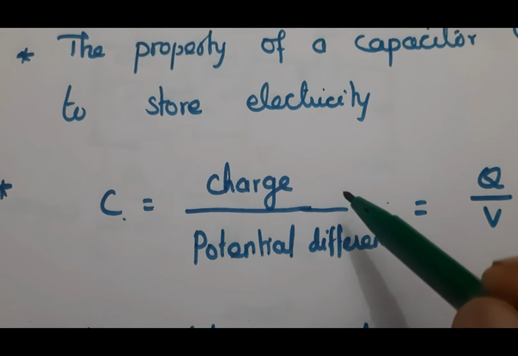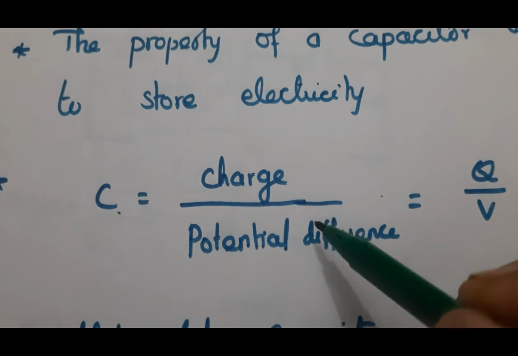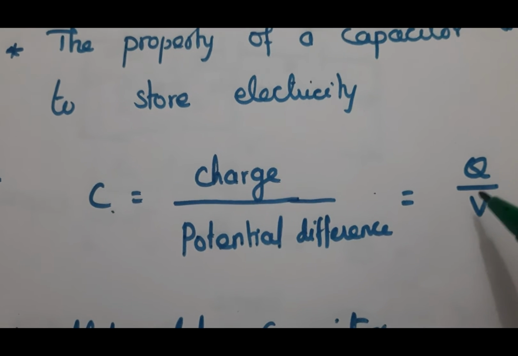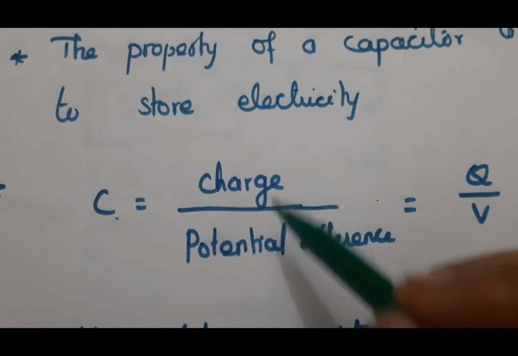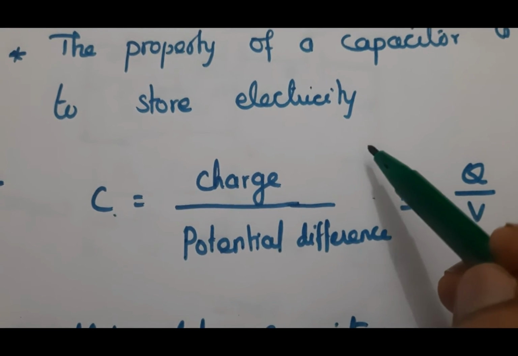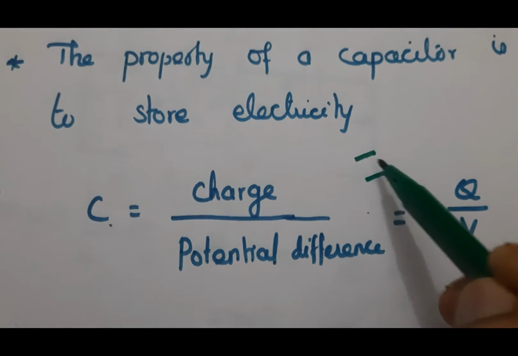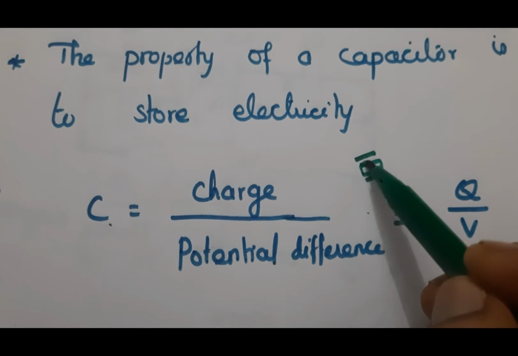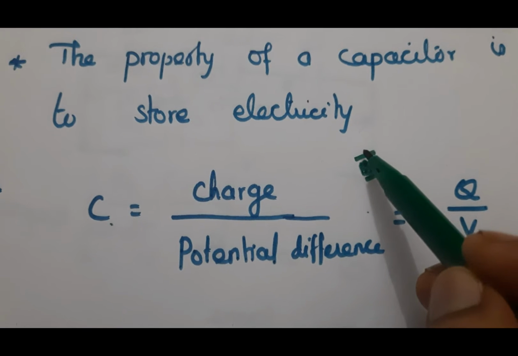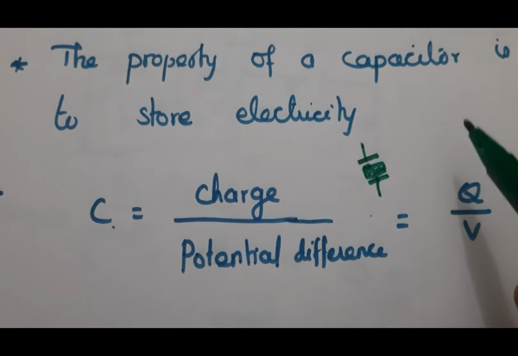The definition of capacitor is charge divided by potential difference, that is Q divided by V. Considering the parallel plate capacitor, if you have a dielectric or any other medium between the plates, this will act as a capacitor.